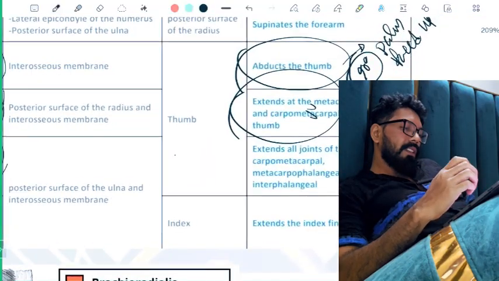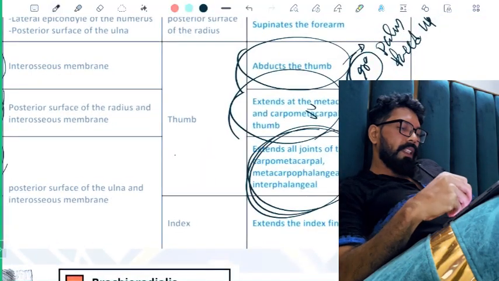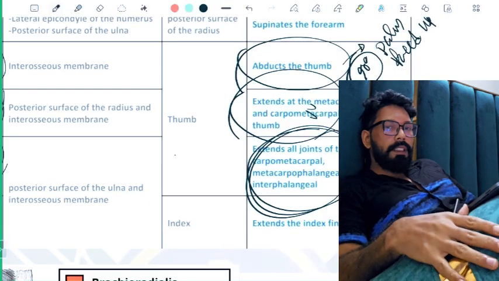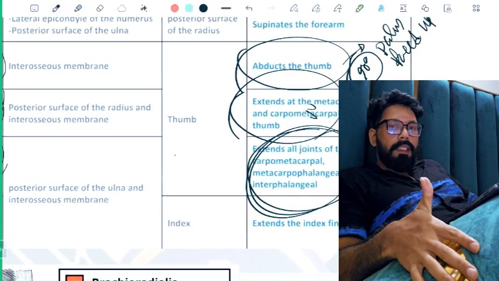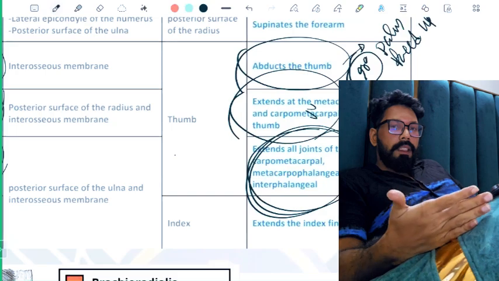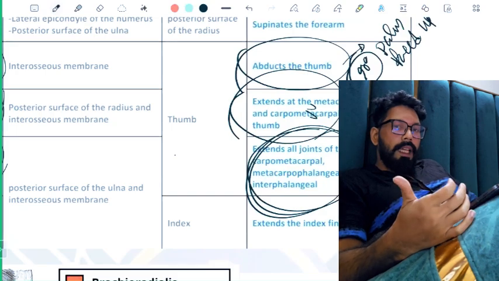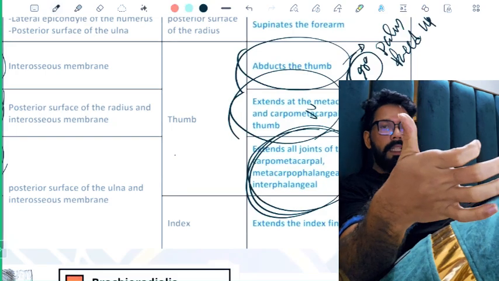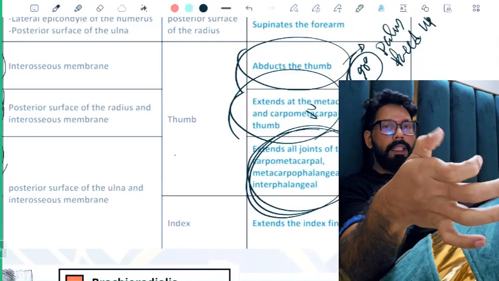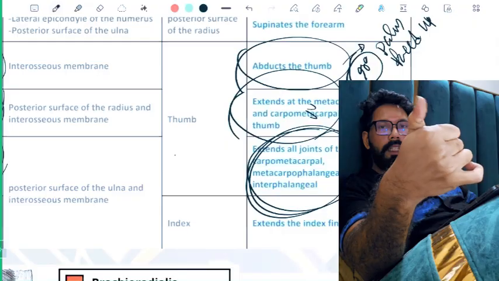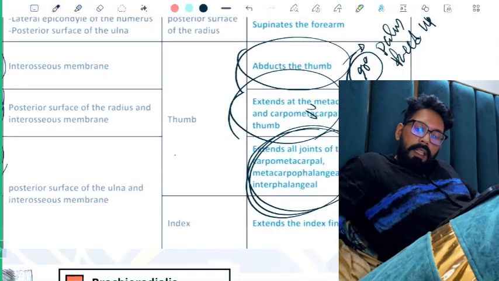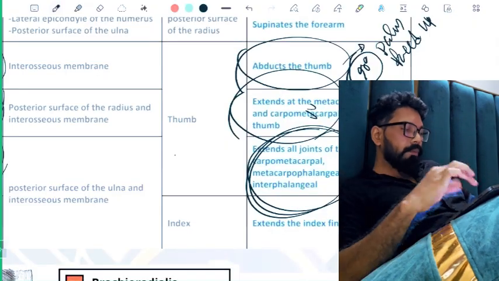But this one: lift the finger above the table when the palm faces downwards. You lift the finger above the table like this. This is done by extensor pollicis longus. And the IP joint, the interphalangeal joint, is extended by extensor pollicis longus.